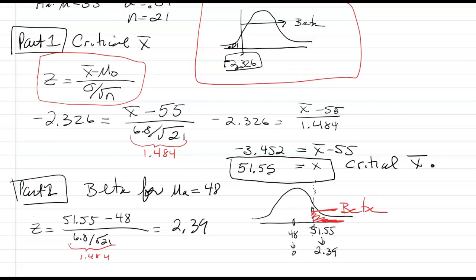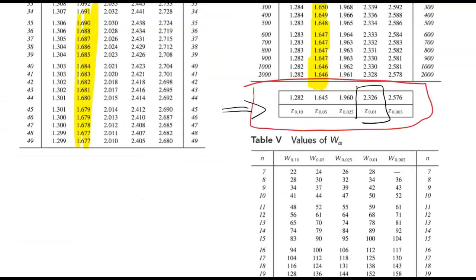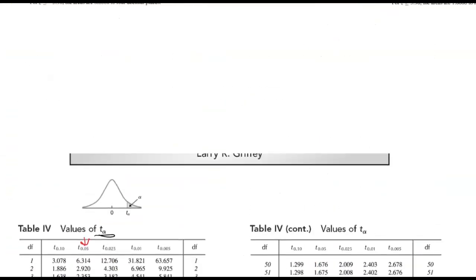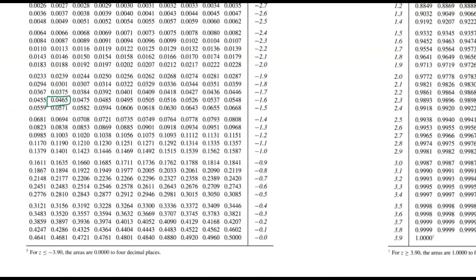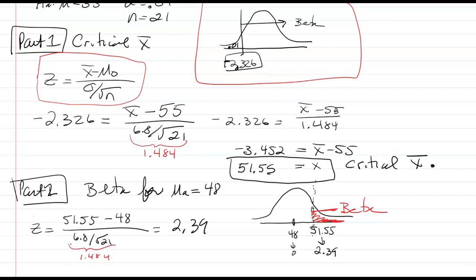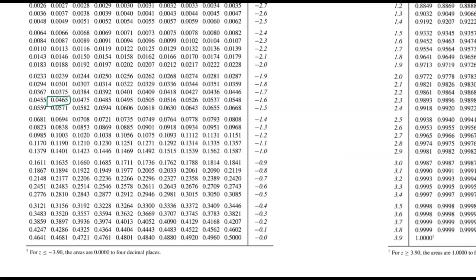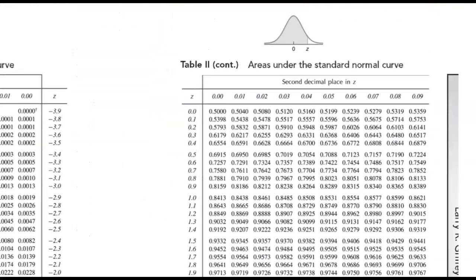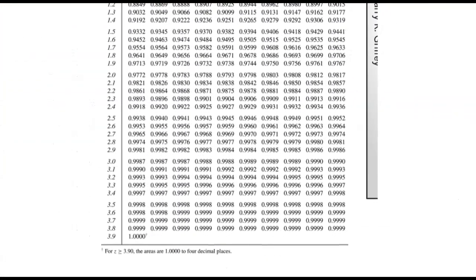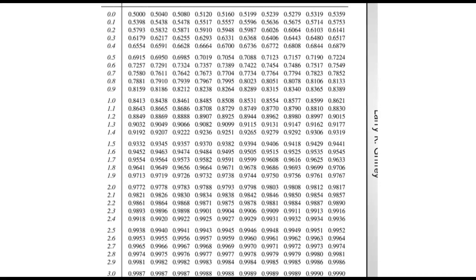And to find that beta, we need to go to our formula sheet and go to your Z table. Okay, let me go back to where I was. So the Z value we want is 2.39. Here's 2.3, right?